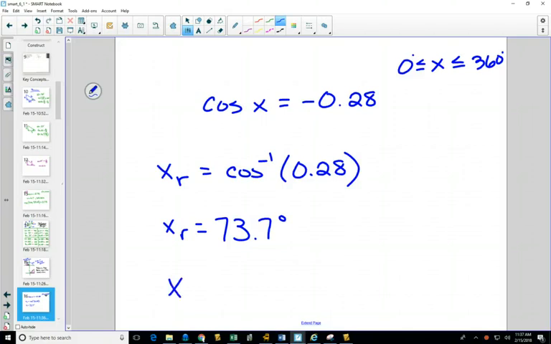We then can say our answers are 253.7. I'll write that one second. First one was 106.3 degrees.